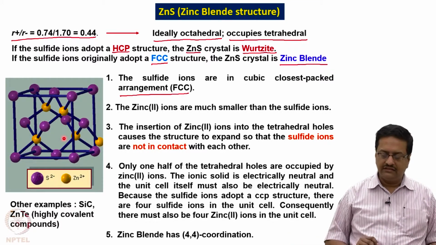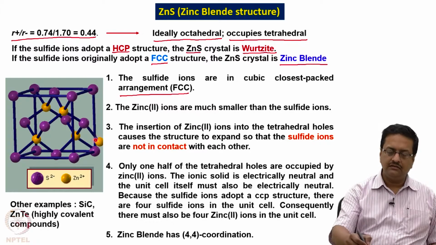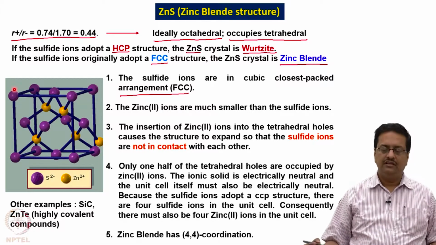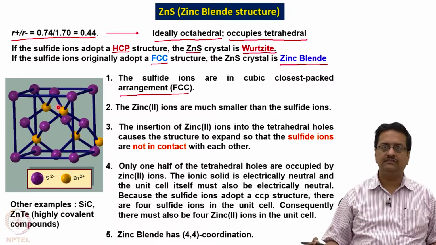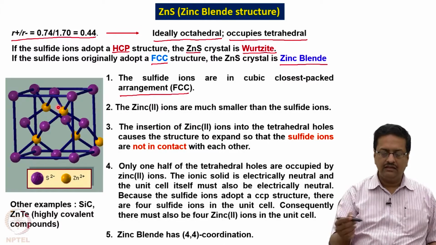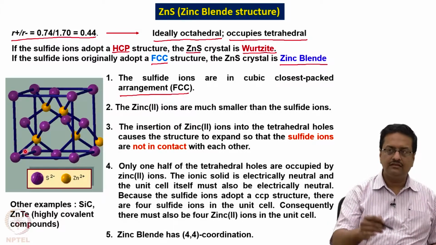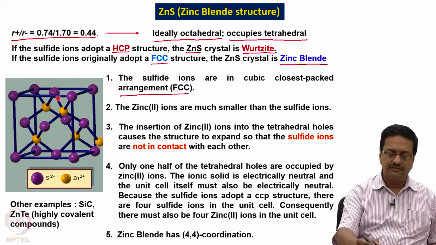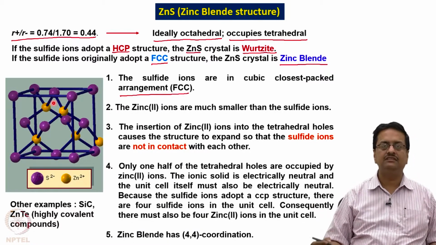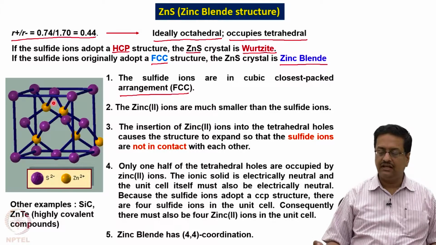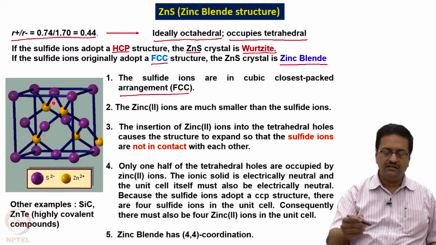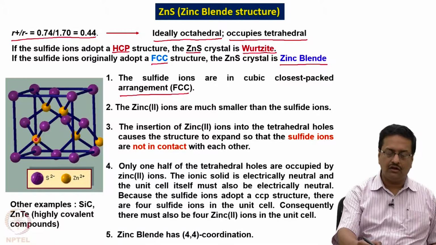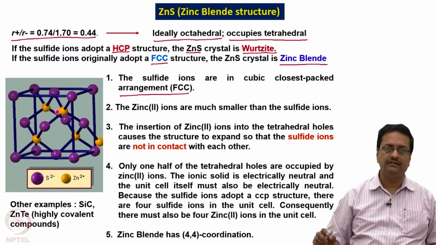So this indicates that for one unit cell you have 1, 2, 3, 4 zinc ions which are fully occupied, and then you have 8 sulfide ions at corners and 6 sulfide ions at faces, which means the total number of sulfide ions is 4. So again it is a 1:1 formula unit of zinc sulfide, but here the alternate tetrahedral sites are occupied.